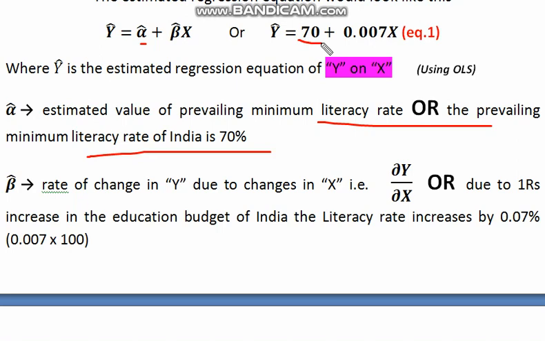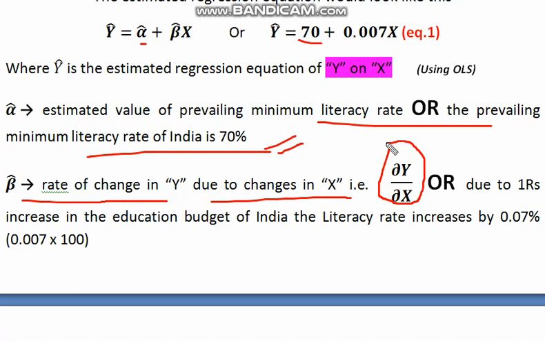Suppose we get it to be 70, then we call it 70%, since I gave the example that your literacy rate is in terms of percentage. Now this beta cap will give us the rate of change in y due to change in x, or what we call del y by del x.